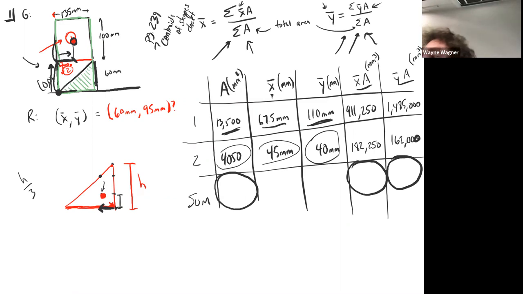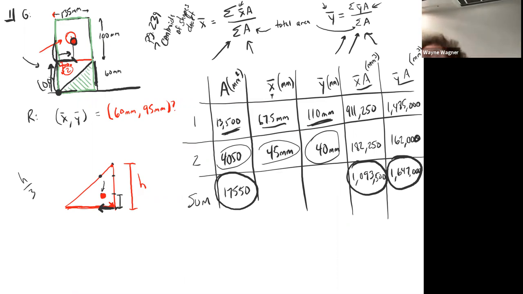So 13,500 plus 4050 equals 17,550 millimeters squared. And the sum of x bar A is 911,250 plus 182,250, which equals 1,093,500. Then the sum of y bar A is 1,485,000 plus 162,000, which equals 1,647,000.